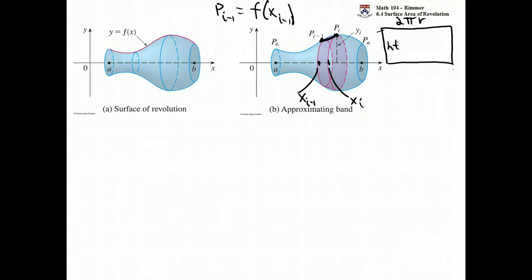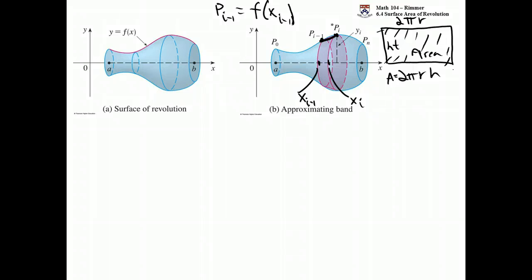And that would be the area of the band, found by multiplying 2 pi r h. But we need an r and we need an h.